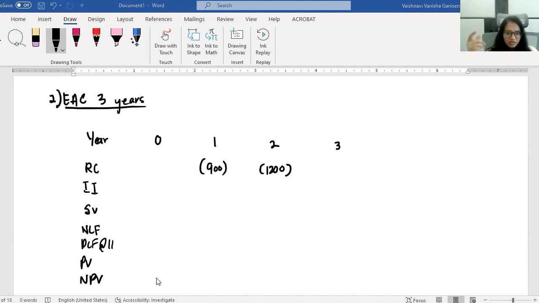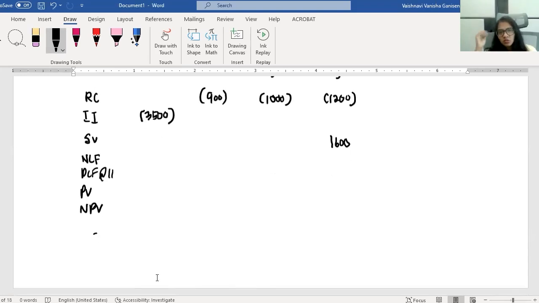Oh, sorry, 1,000 and 1,200. Year 2 is 1,000, 1,200. My initial cost 3,500. Now my scrap value in year 3 would be 1,600. Okay, so that is the only positive figure.